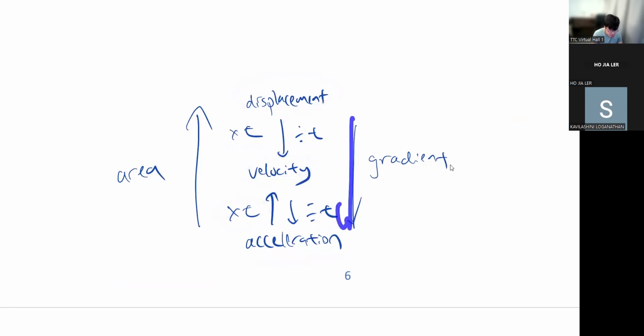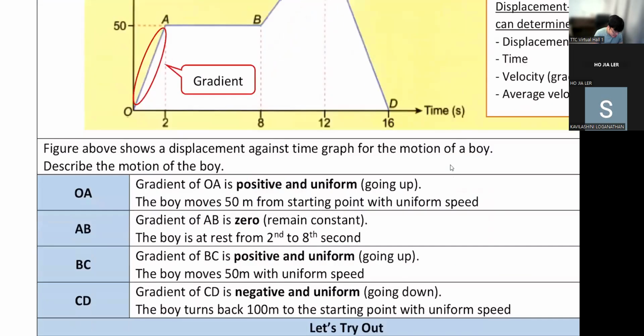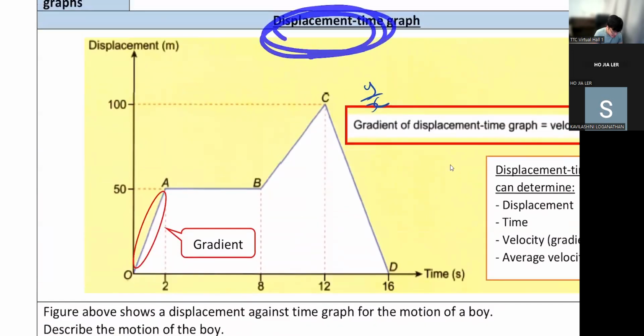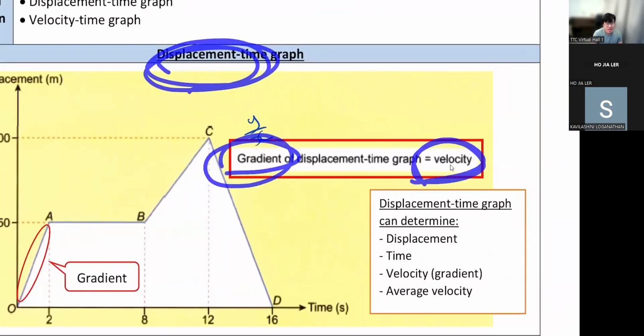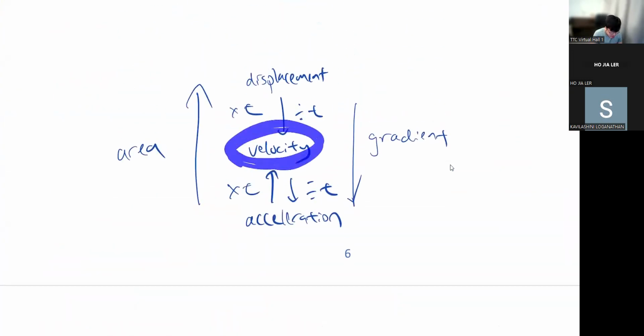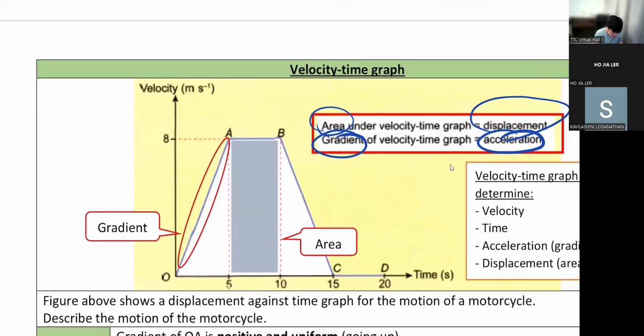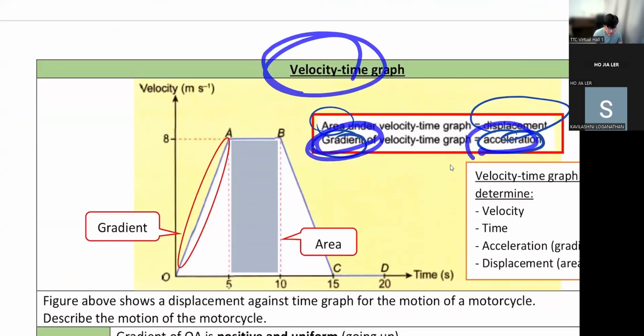Whenever you go down, you're trying to find the gradient. You see, displacement time graph, the gradient going down, the gradient is velocity. And then for the velocity time graph, because the gradient is going down, the gradient is acceleration.